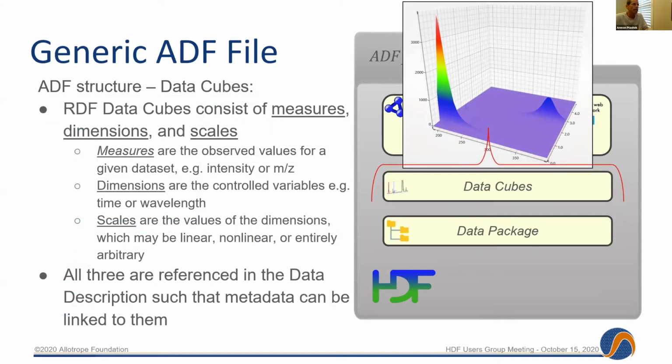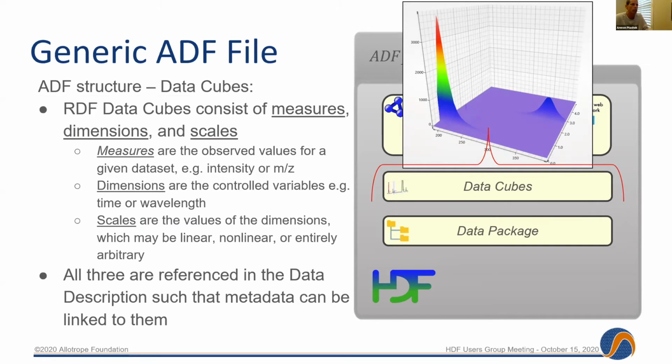The data cube of the ADF file is intended to store a multi-dimensional array, and it consists of measures, dimensions, and scales. Measures are the observed values, for example, intensity here.